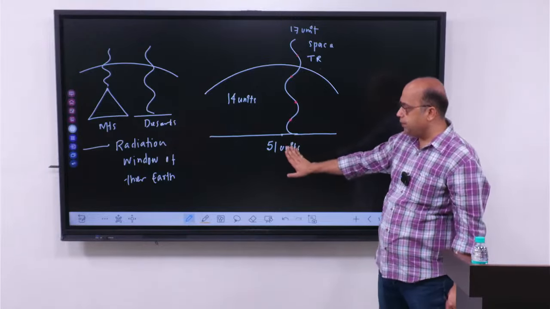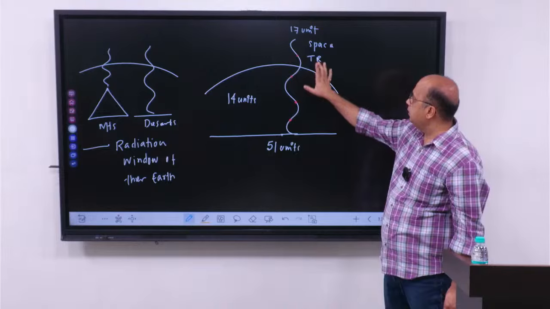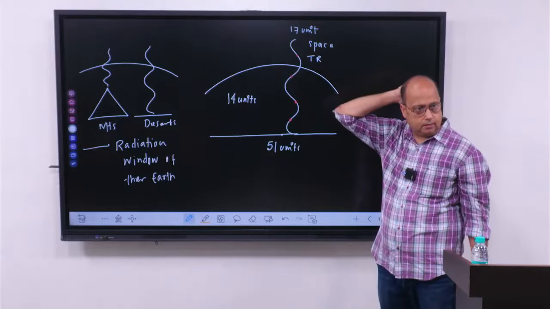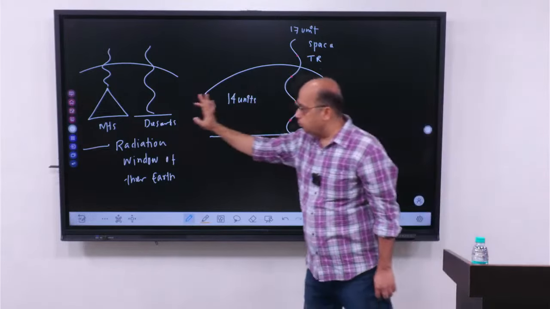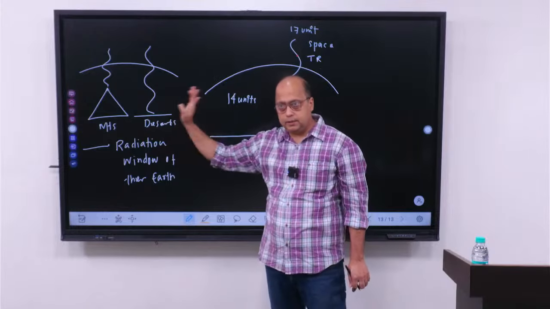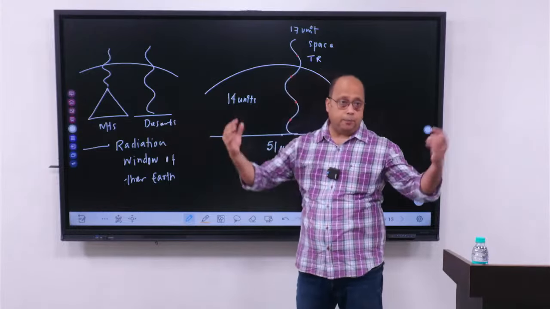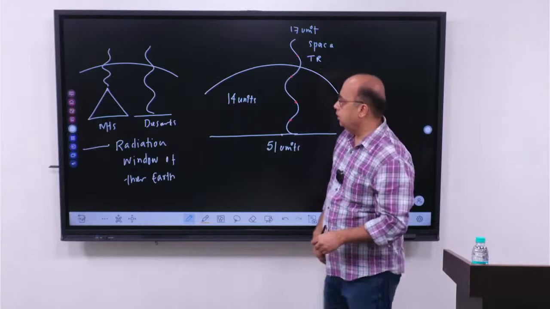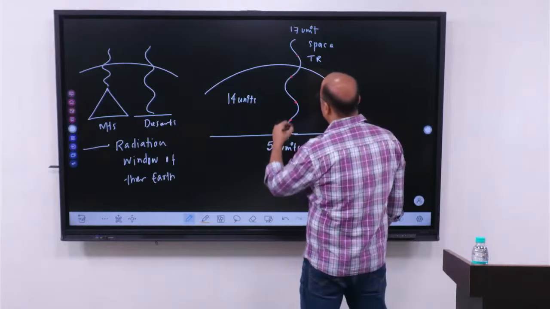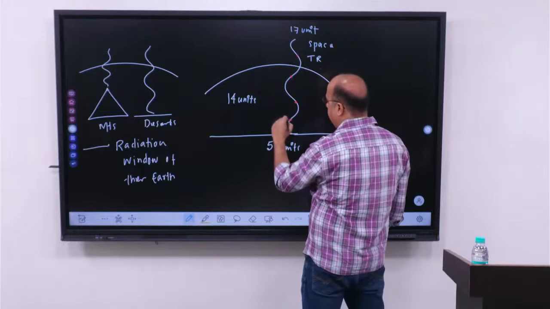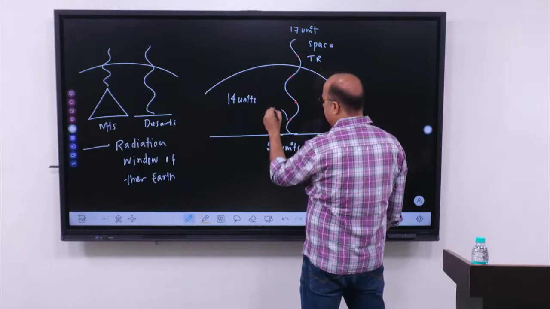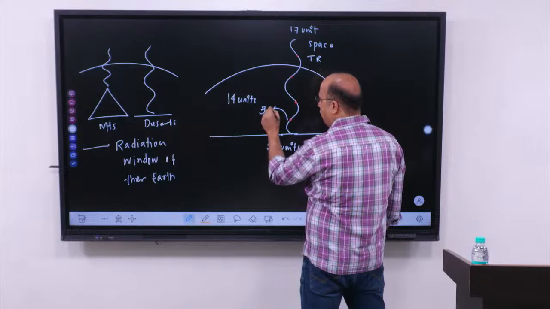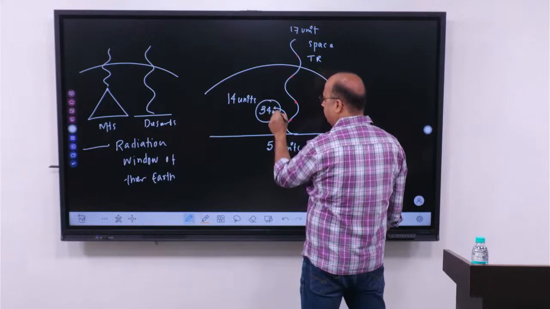So see, out of 51, 17 units have been lost to space. It happens from the mountain tops and the deserts. But water vapor is present in the atmosphere, so it is going to absorb. So out of 51, minus 17, 34 units are absorbed by the atmosphere.